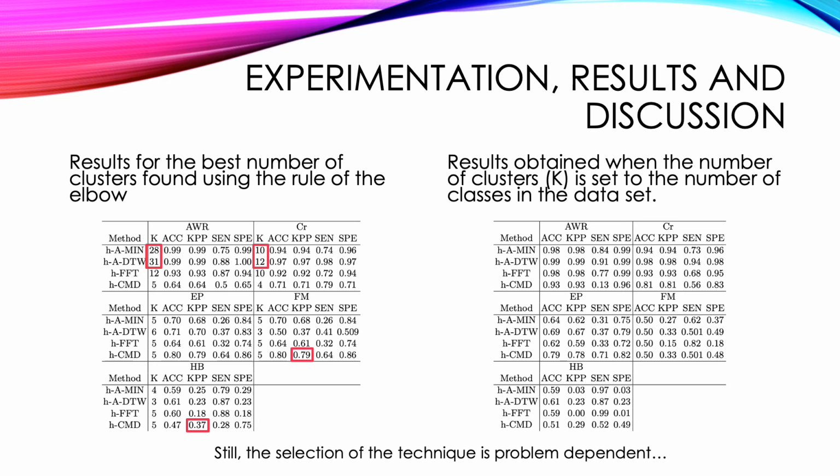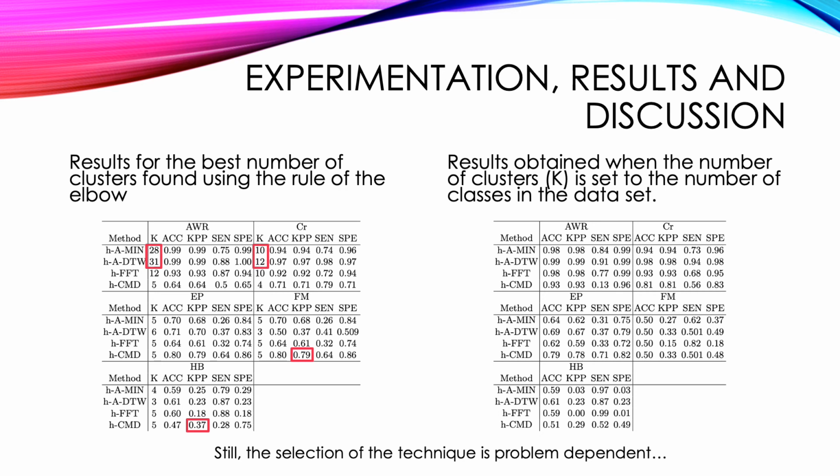When we run the experiment using the same number of clusters as the number of classes, what we find out is that for the articulated word recognition and cricket, all of the methods perform pretty well, but maybe the CMD worse. But when the performance of the APCA decreases, the performance of the CMD increases.